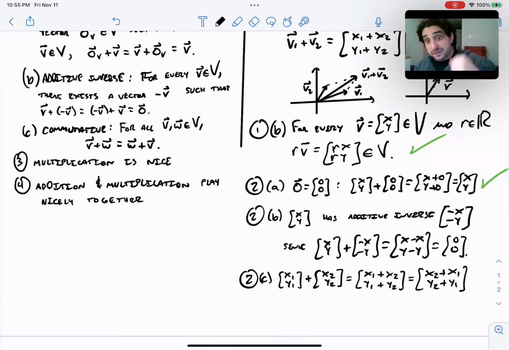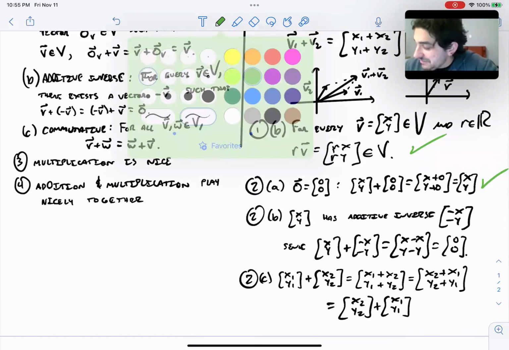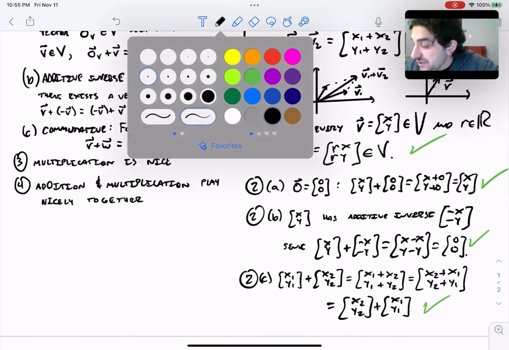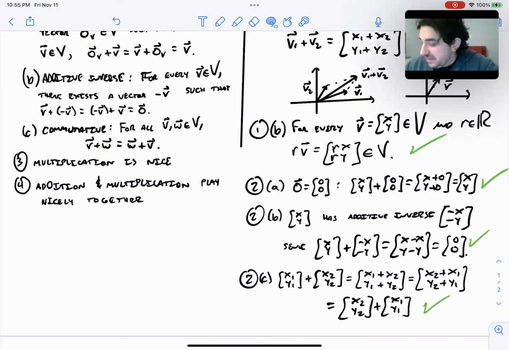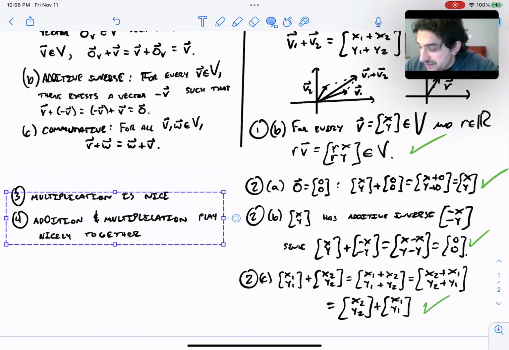So you could swap the x1 plus x2 for x2 plus x1, and y1 plus y2 you could swap for y2 plus y1. And then by definition of vector addition, that's the same as adding those in the other direction. Oh, I missed the check mark for inverse. So this set does satisfy commutativity of vector addition. All right, there's the commutative property of addition.